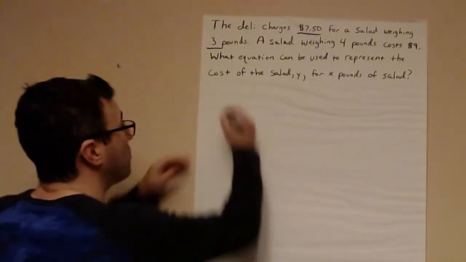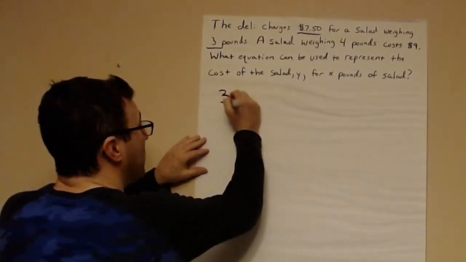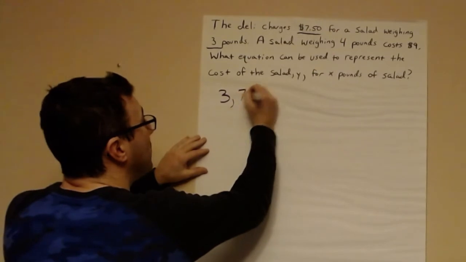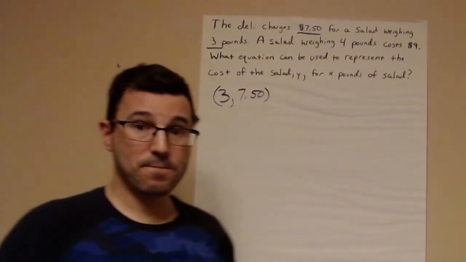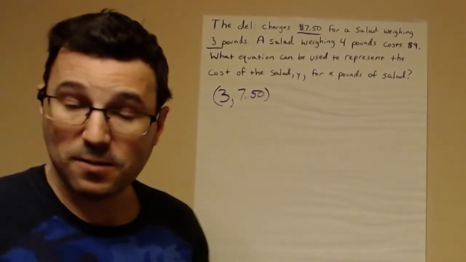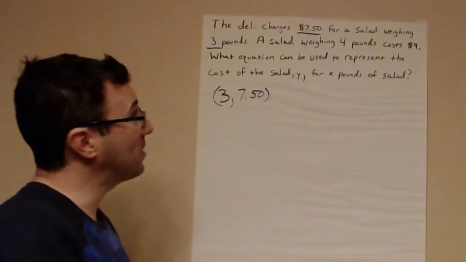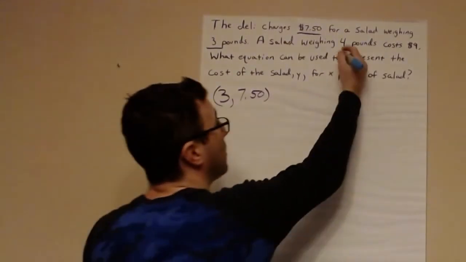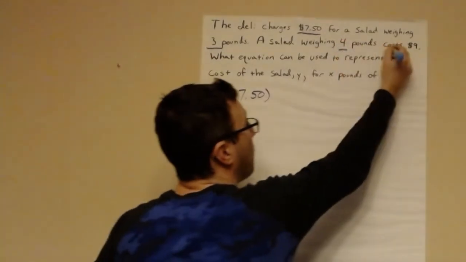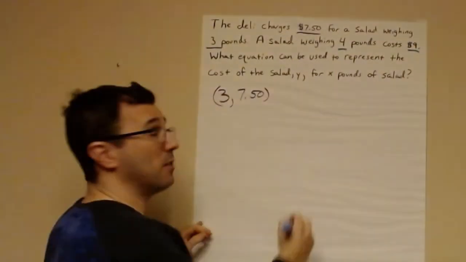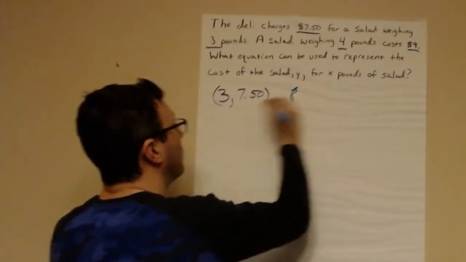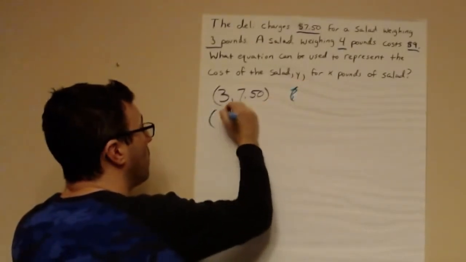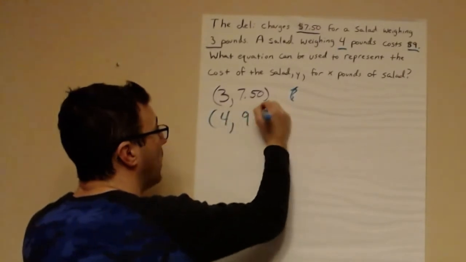So our first point is going to be 3, comma, 7.50. And then our second point is going to come from here. We've got 4 pounds, cost $9. So 4, 9.